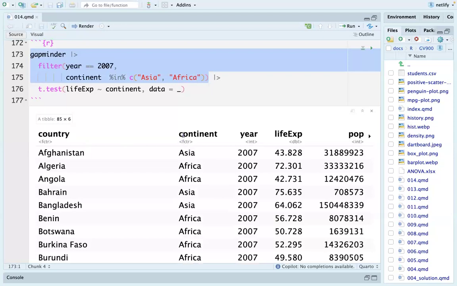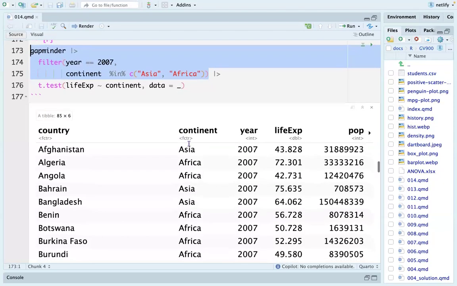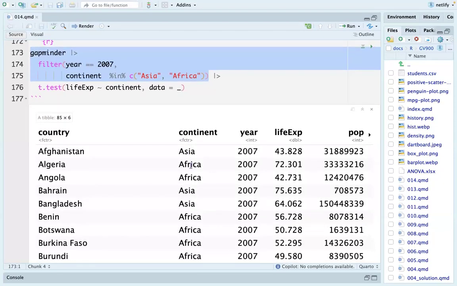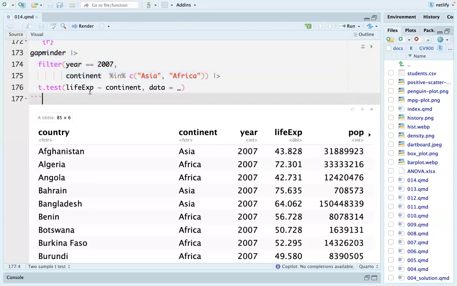So we have two continents, Asia and Africa, both in the year 2007, with life expectancy. So we compare the two continents, Asia and Africa.